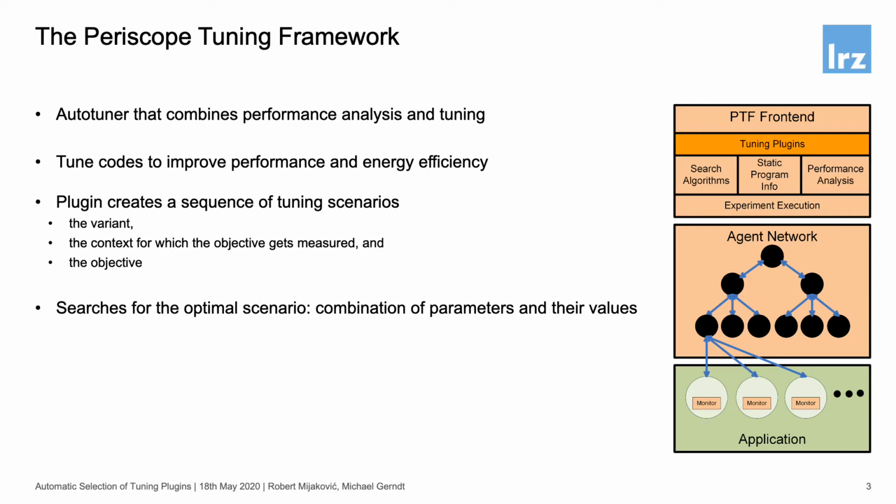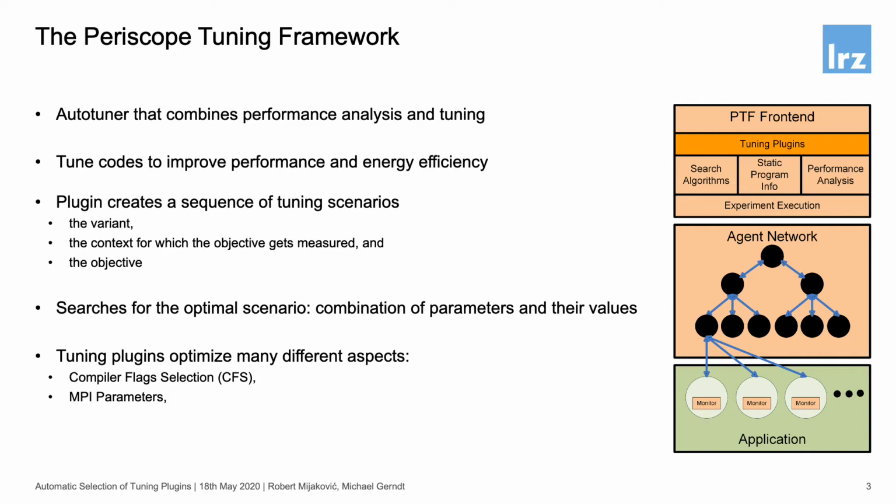PTF is distributed with many plugins that optimize many different aspects, such as compiler flag selection, which finds the optimal combination of compiler flags and their values; MPI parameters, which finds the optimal combination of various MPI runtime parameters, for instance, when the rendezvous protocol should be used; then dynamic voltage and frequency scaling, which finds the optimal frequency of the CPU, and many others.